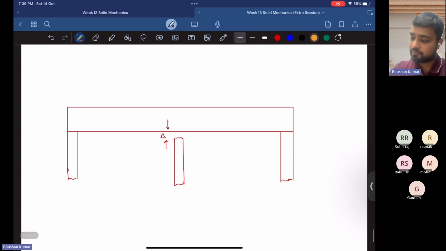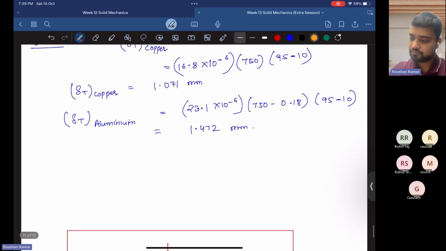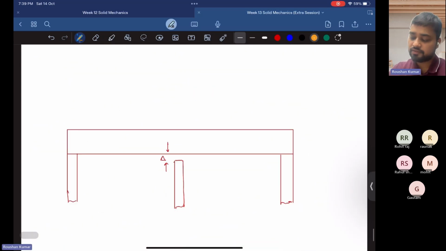In the initial case, what will happen? The aluminum bar increases its length because of the temperature increase. There is an increase in length in the aluminum bar because there is a gap in between in the initial phase. When the gap is filled due to temperature change, it induces some stress in the rigid slab, due to which the slab goes upward.